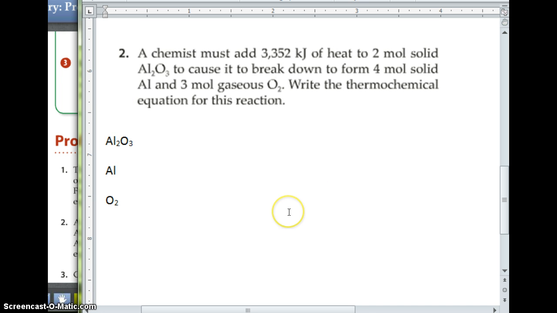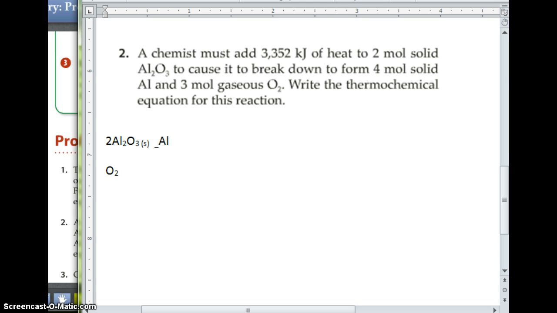A chemist must add 3,352 kilojoules of heat to 2 moles solid Al2O3 to cause it to break down to form 4 moles solid Al and 3 moles gaseous O2. Write the thermochemical equation. All right, so hit pause and do this on your own, and then I'll start going through it. So I'm adding 3,352 kilojoules to 2 moles of solid Al2O3, and it breaks down, so that's where my arrow is going.